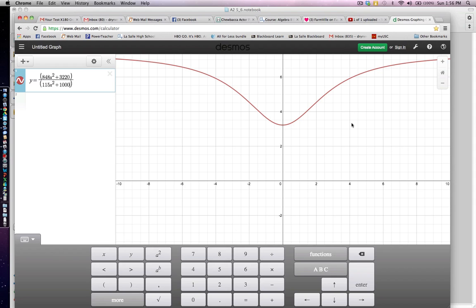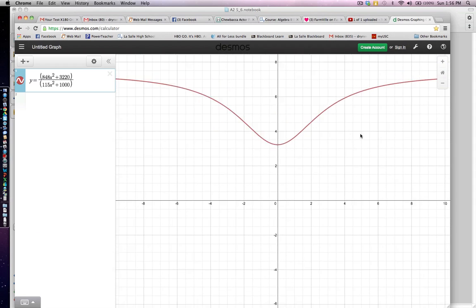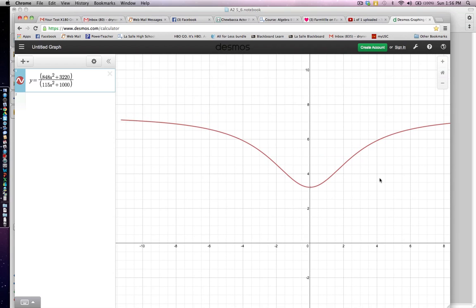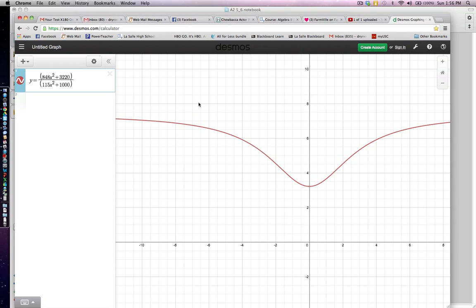And here's my graph. Now, this is a graph of a rational function. You'll notice it has the same degree, so the horizontal asymptote would be the ratio of 848 to 115, so 3.22.